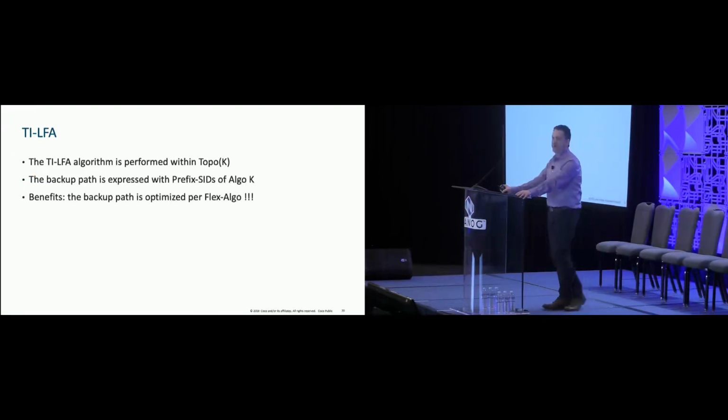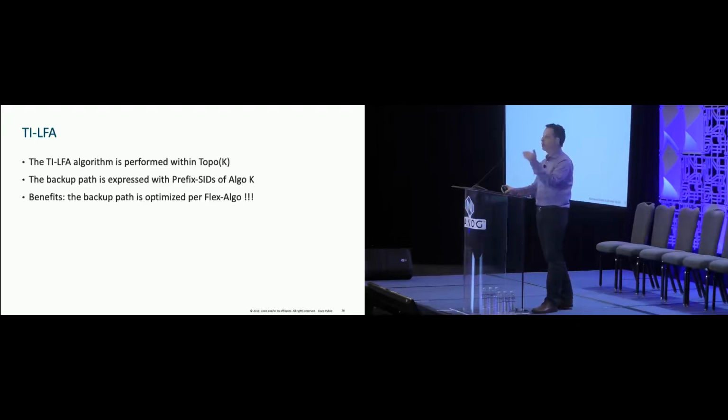At the very beginning, I mentioned that this solution is completely ingrained with the SR toolkit and the SR architecture. And the most important piece to highlight now is LFA and TI-LFA. The TI-LFA algorithm is executed per FlexAlgo topology. So if I ask for a FlexAlgo to compute a primary path to minimize on delay, the backup path will minimize on delay.